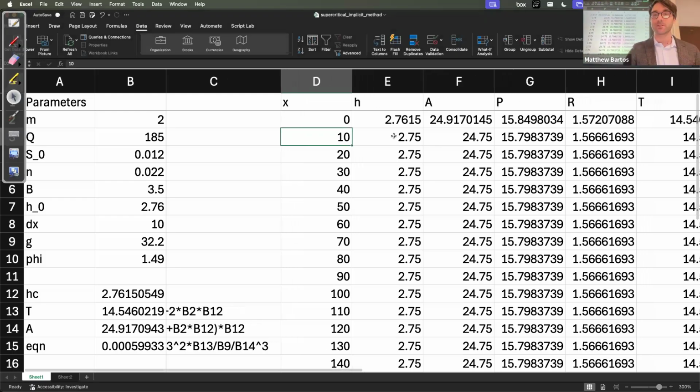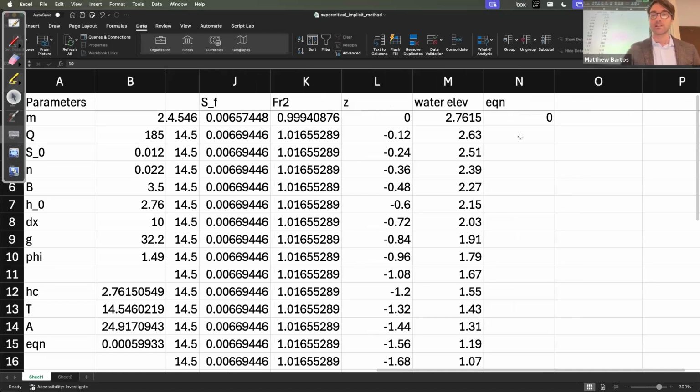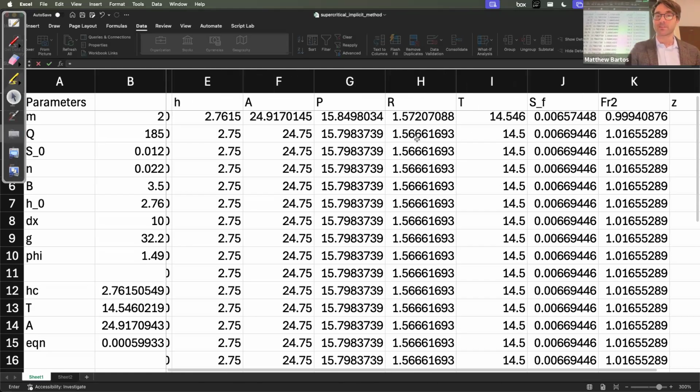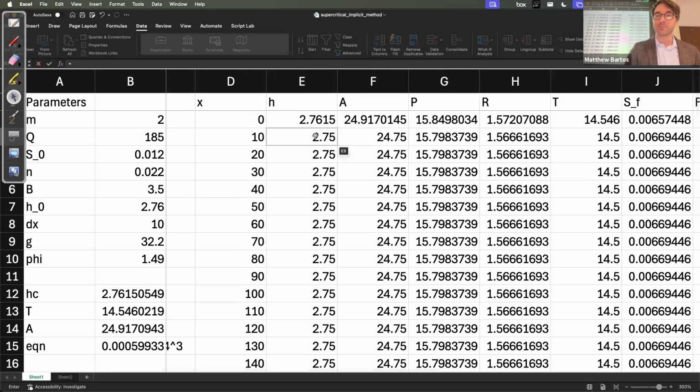Okay, so for this first row here, we want H at this step. So that's going to be cell E3 minus H at the previous step. So that's cell E2 minus the spatial step size.